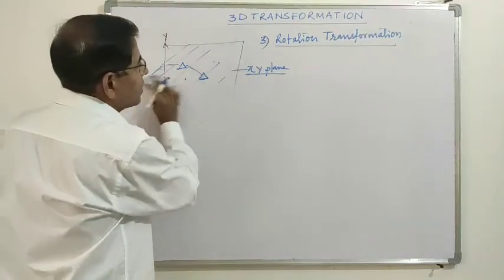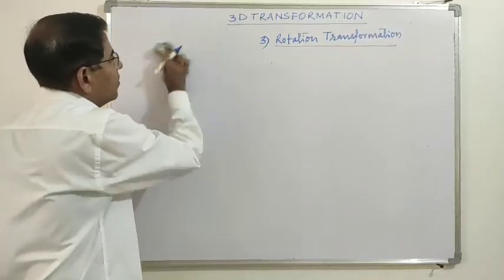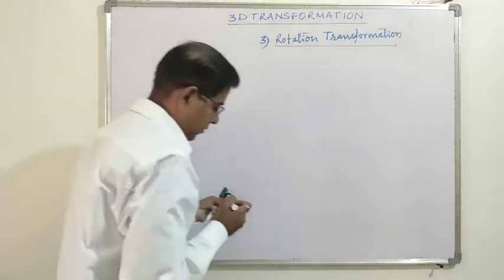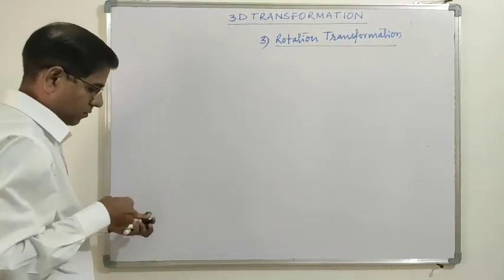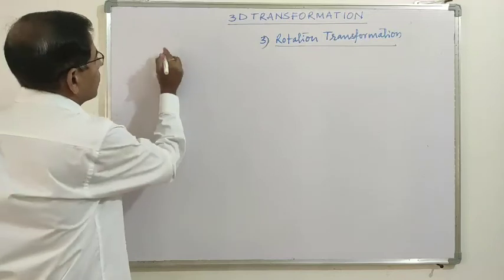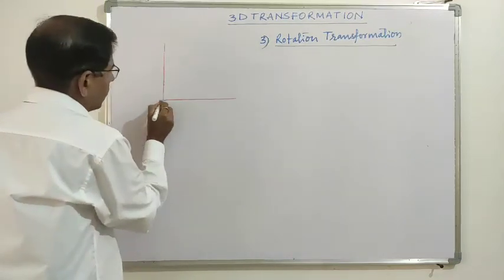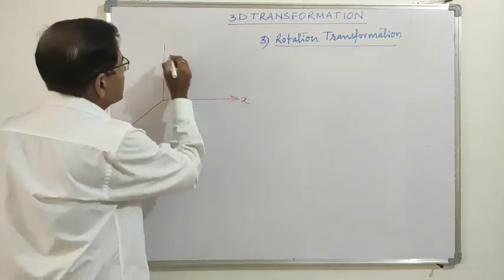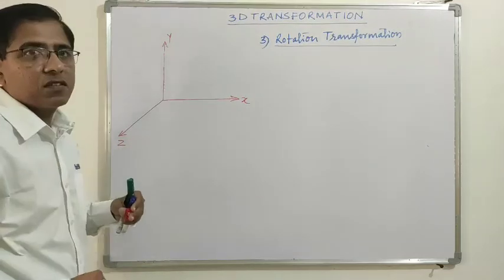Now in 3D transformation, this is x-axis, this is y-axis, this is z-axis, okay.